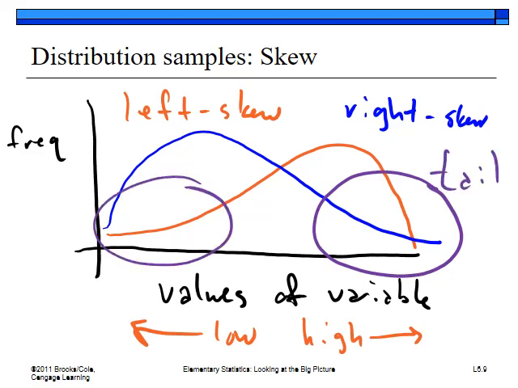There's another tail over here on the left side for the left skewed distribution. You can identify whether a variable is skewed to the left or skewed to the right by looking at its shape, its histogram, and identifying where the tail is located.